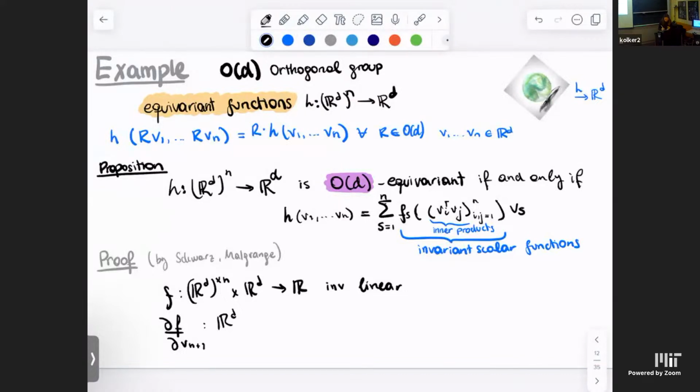So if this is linear, then this is going to be a function that goes from (Rd)^n to Rd, and this is going to be equivariant. I can go into the details later. Yeah, I think that makes sense.